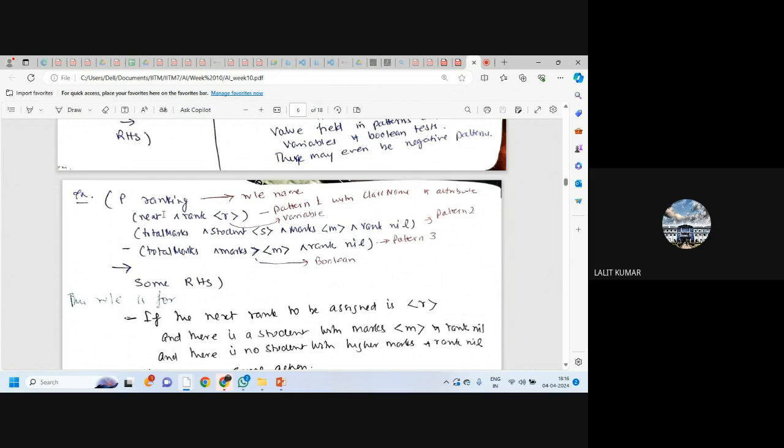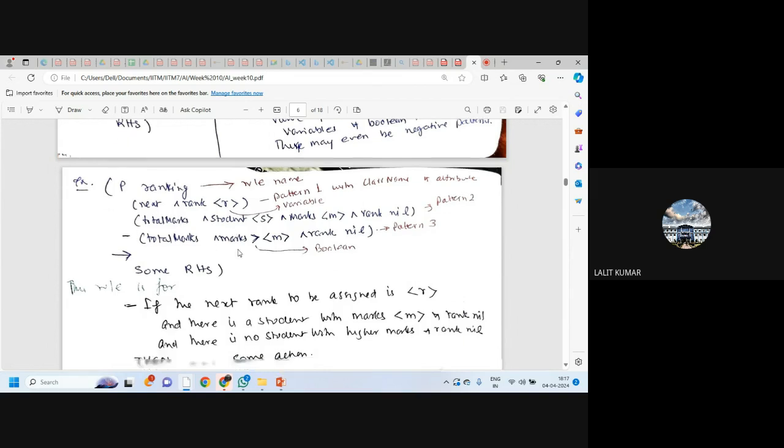So when we say a rule like this, it means pattern 1 should be true, pattern 2 should be true, and pattern 3, this is a negative, so it should not be true. And here we can see this is a Boolean, that the attribute marks should not be greater than m. So this is an example, and based on this, if it matches with some WME, then some action will take place.